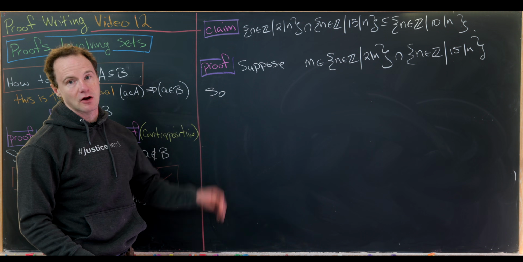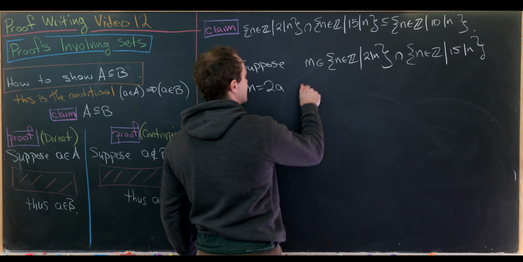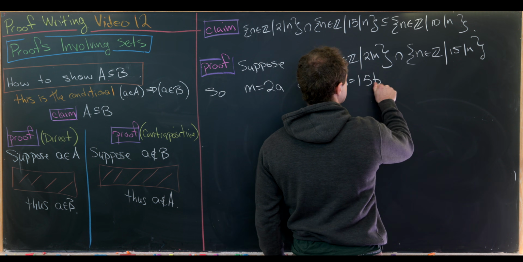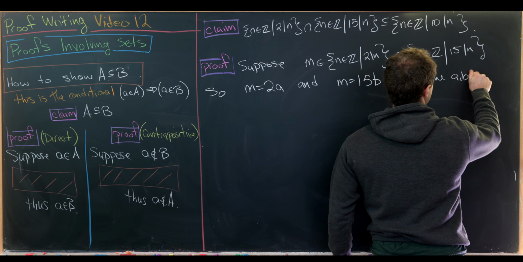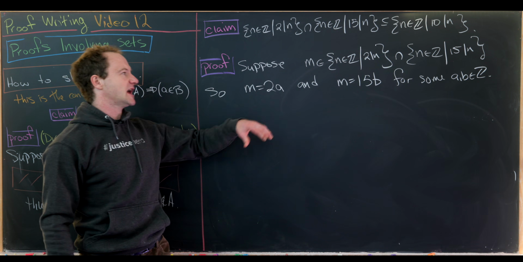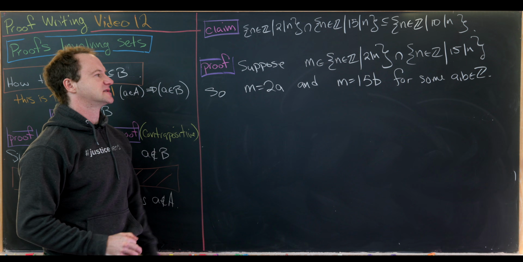So let's maybe take it all the way to that point. So m equals 2 times a and m equals 15 times b for some a and b which are integers.